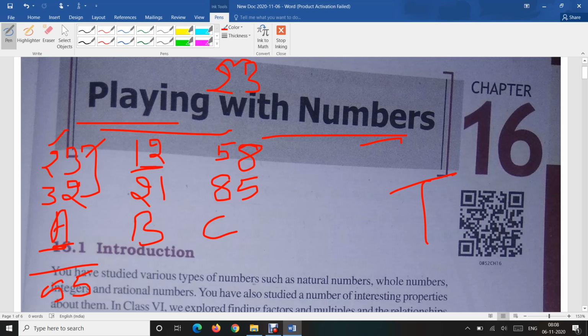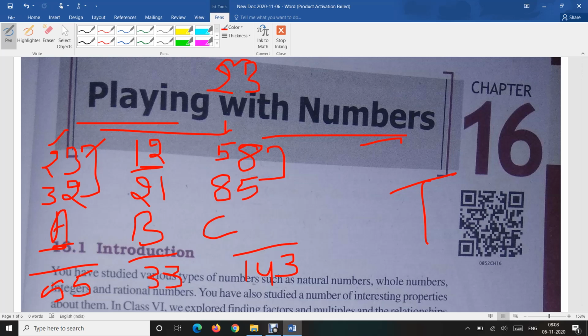For 12 and 21, 2 plus 1 is 3, and 1 plus 2 is 3. For 58 and 85, 8 plus 5 is 13, 1 is carried forward, and 5 plus 8 is 13, plus 1 is 14. Now you have 143.